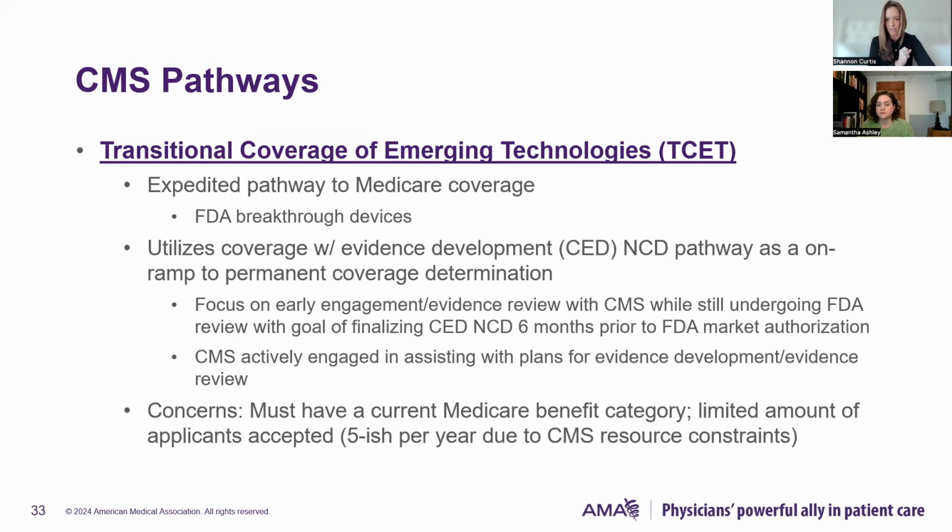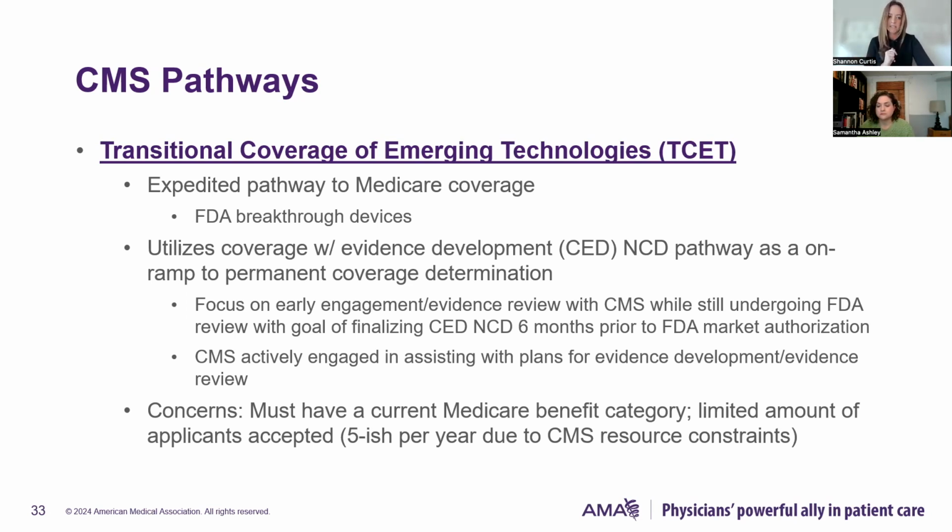Only FDA breakthrough devices are eligible for this pathway. So you do have to have that designation and go through that pathway of review at FDA in order to be eligible for this pathway with Medicare payment. What it does is utilize a coverage with evidence development national coverage determination pathway that is really an on-ramp to full national coverage determination, or potentially a lack thereof, over a period of years.